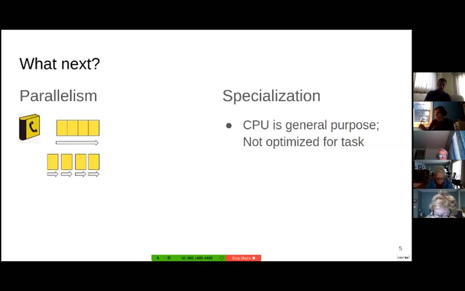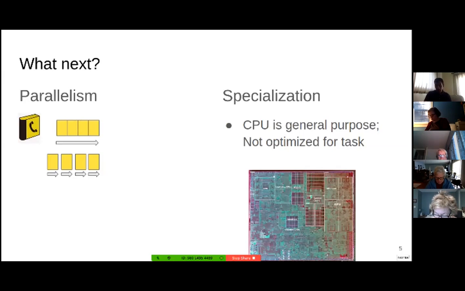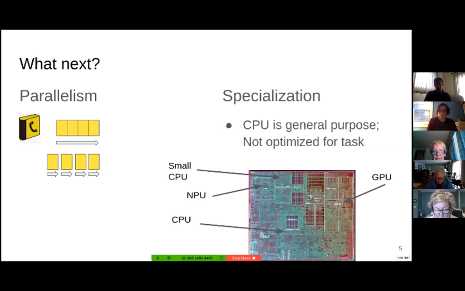If you look at the chip inside of an Apple iPhone 11, for example, this is that chip that powers the iPhone. They do have a CPU, but they also have specialized processors like this NPU, specialized for neural networks, GPU, specialized for graphics, and a CPU specialized for very small, low latency tasks.